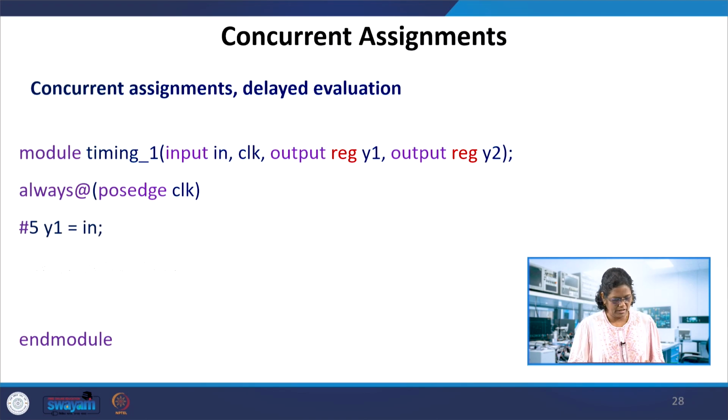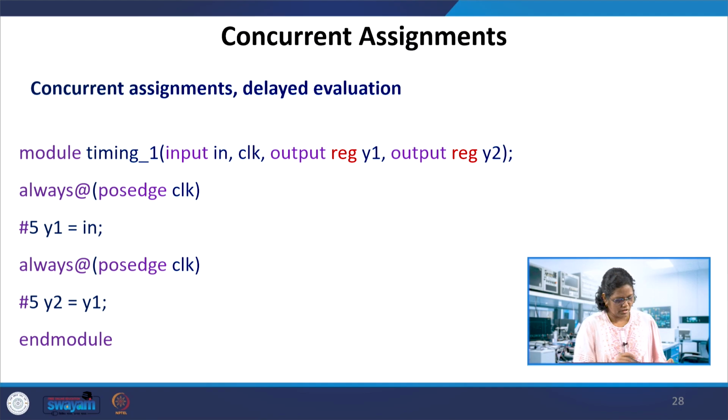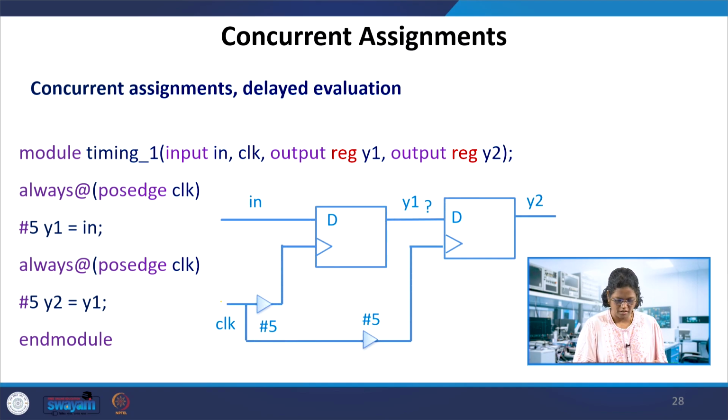Whereas, coming to the delayed evaluation of these concurrent assignments, with #5 you can see the concurrent assignments at the passage of the clock. Again, immediate assignments, whether delayed or no delay, would cause the same kind of condition here. If this is evaluated and assigned at 5, then that assigned value is taken, and it's okay. Otherwise this would form a race condition. As we have seen in the previous cases, this #5 means the clock is delayed by 5 time units, and this is also getting the clock delayed by 5 time units.